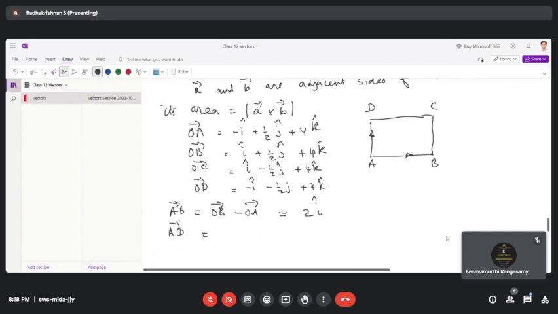Actually, rectangle like this. Okay. So DA equal to OA minus OD.